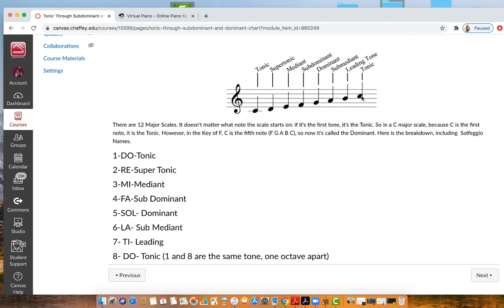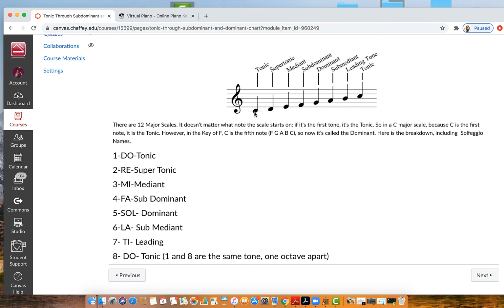So we can think of this a few different ways. We can think of this as 1, 2, 3, 4, 5, 6, 7, 8. We can think of this as do, re, mi, fa, sol, la, ti, do.